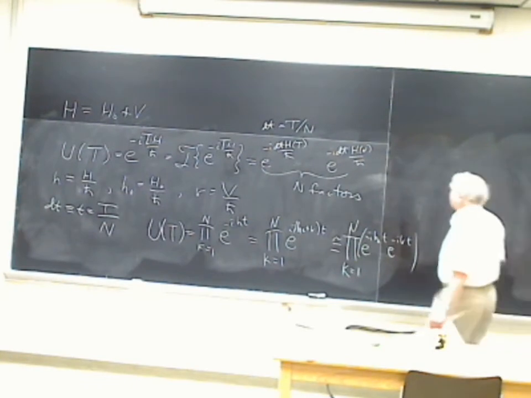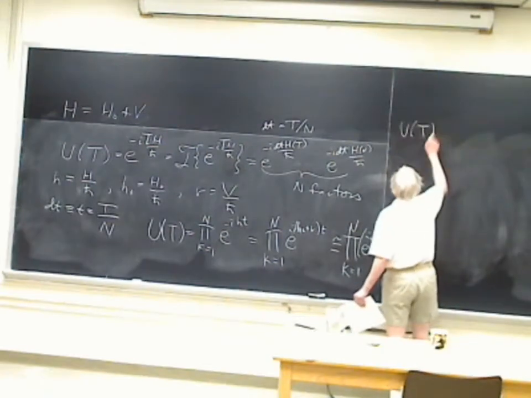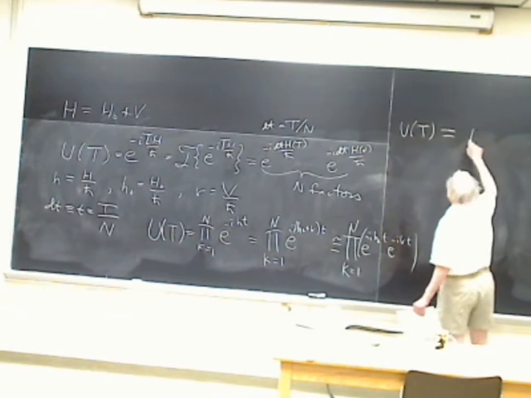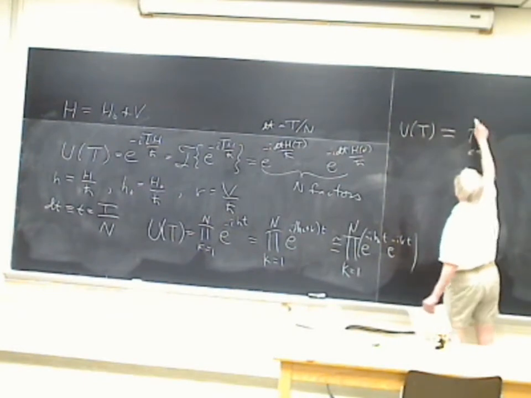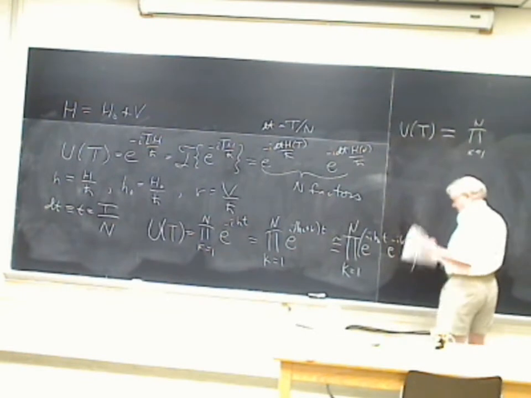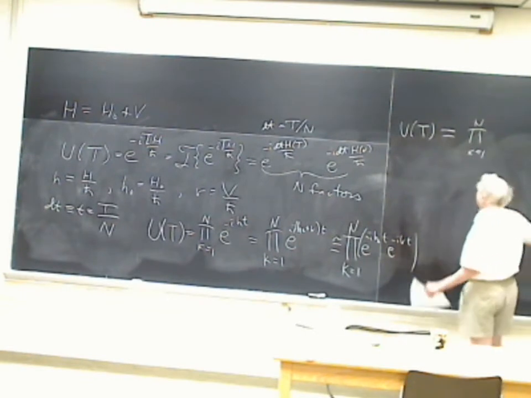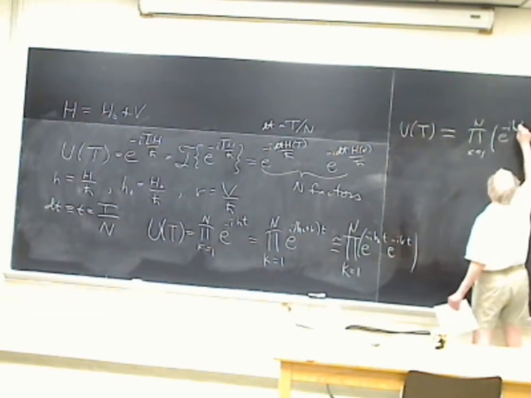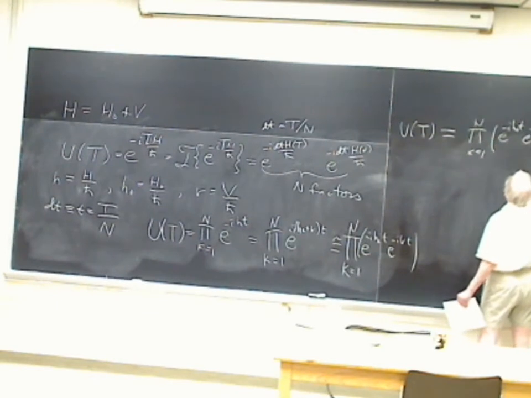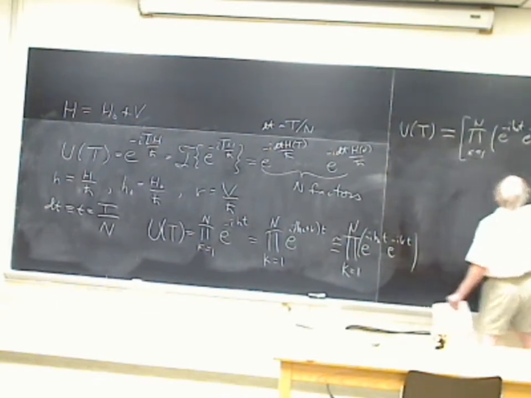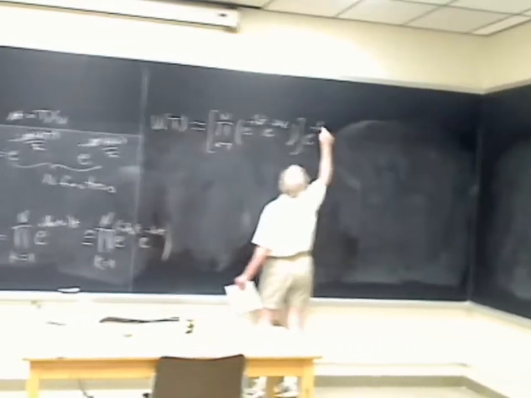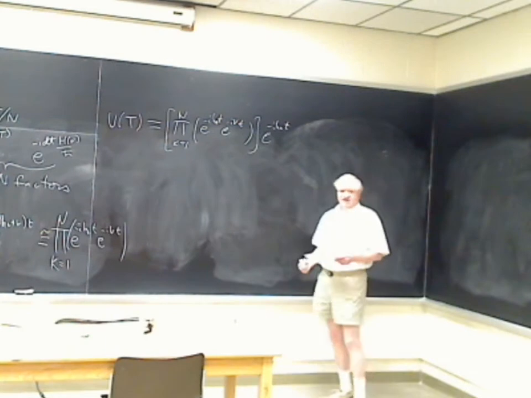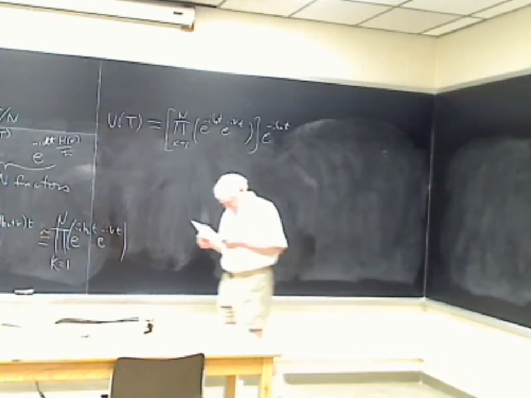Now I'm going to do one more minor change. I'm going to multiply this product k equals 1 to n by one factor of e to the minus i H0 t at the far end. So there's just one factor at the end, and because t is infinitesimal, this doesn't make any difference.